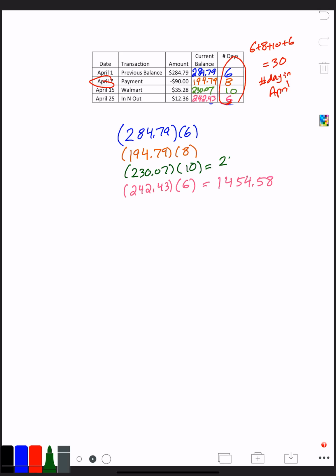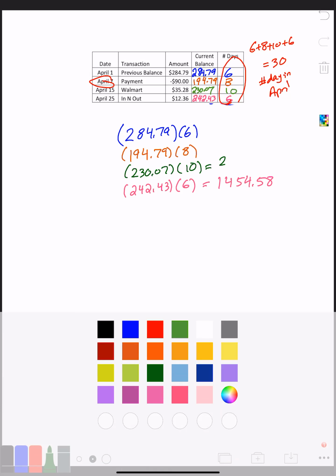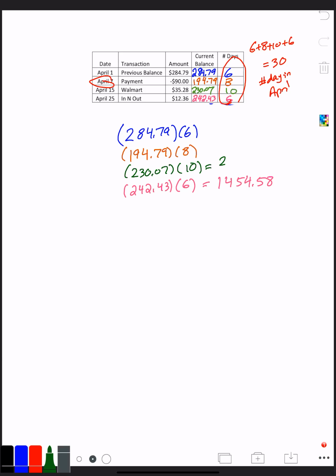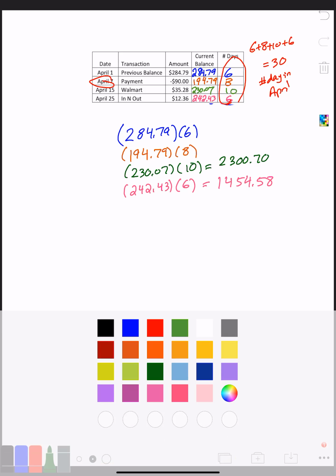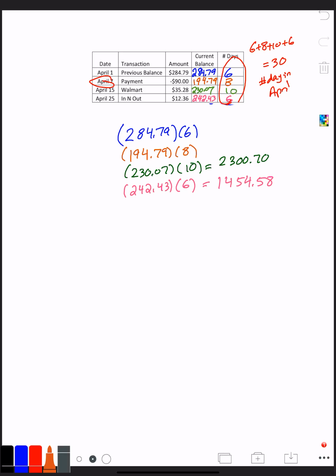We get the following numbers here. It is 1,708.74 for the last one, 2,370 for the first, and 1,558.32 for another. Then all this work, we add all that up in our calculator.